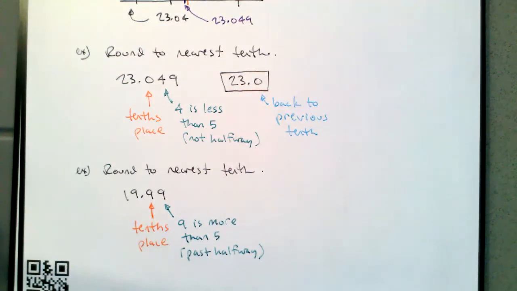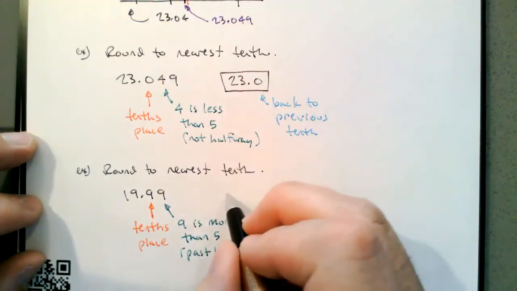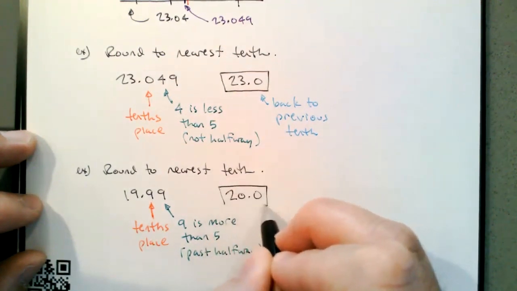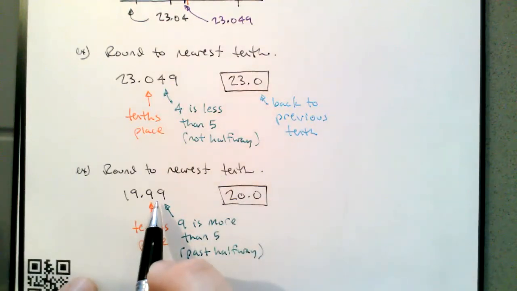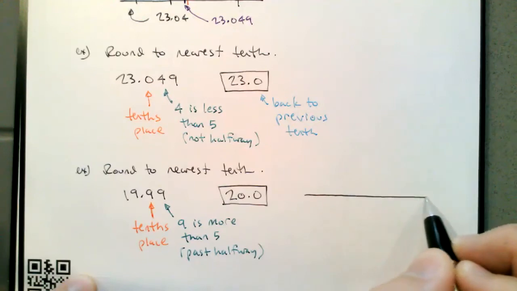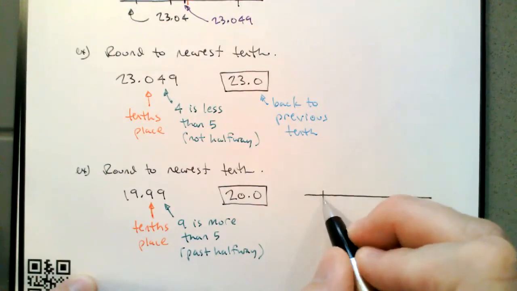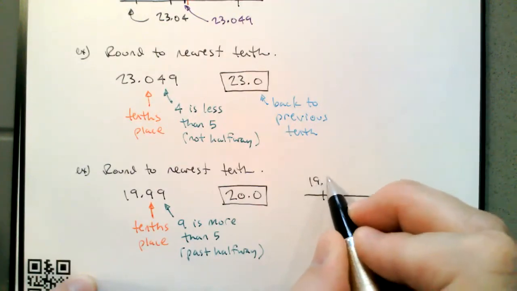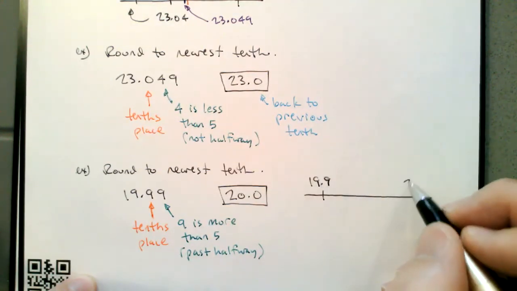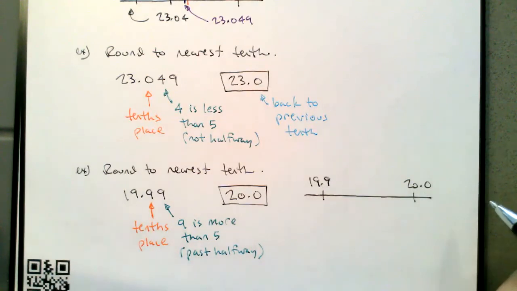The next tenth is 20.0. A lot of times we feel uncomfortable doing this because we feel like we're changing too much. But the tenths that we're in between, we think in terms of a number line, the tenths that we're in between are 19.9 and 20.0. That's the next tenth.